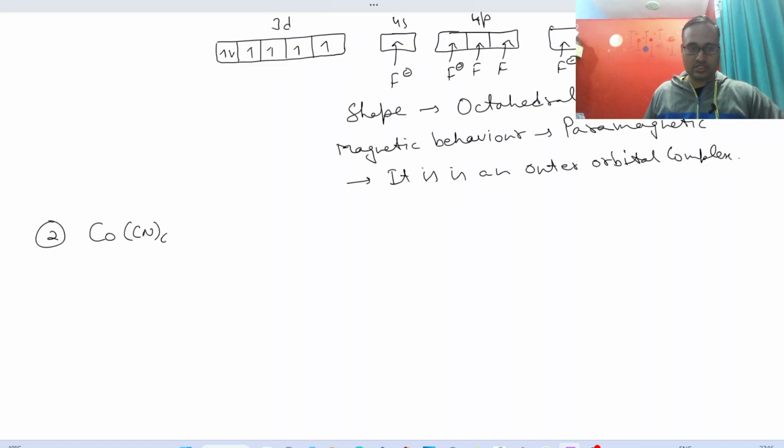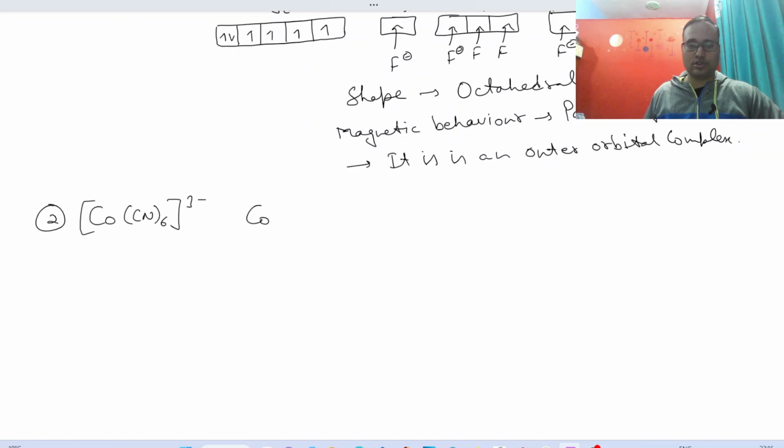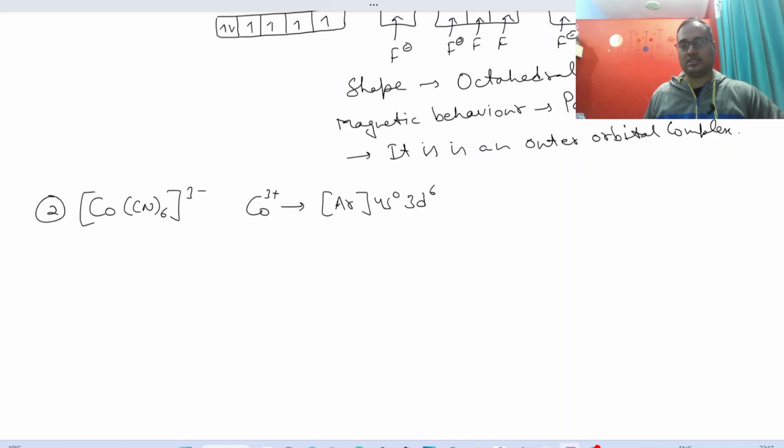Co(CN)6 3 negative. Again we are taking the cobalt over here. So the cobalt having atomic number 27, the oxidation state is again +3. So we can write down the electronic configuration for the cobalt as argon 3d6 4s0. This is for cobalt 3 plus. Fine.